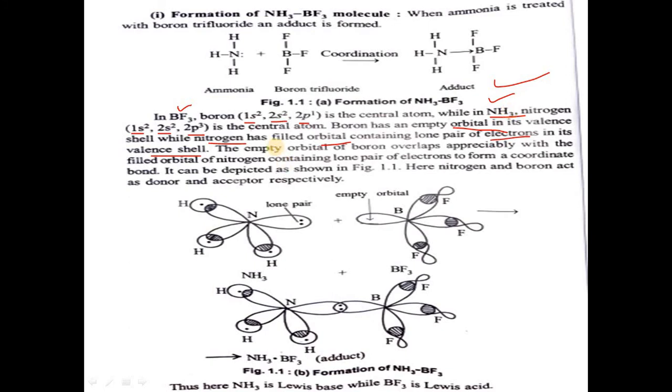The empty orbital of boron overlaps appreciably with the filled orbital of nitrogen containing the lone pair to form a coordinate bond. Because ammonia contains a lone pair while boron contains an empty orbital, an adduct is formed. This is the formation of the NH3BF3 adduct.